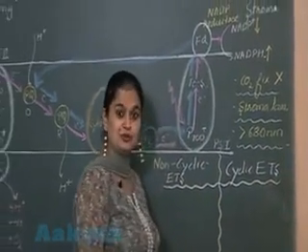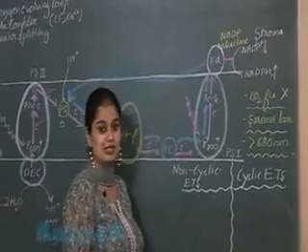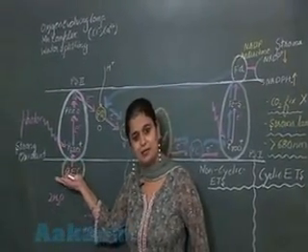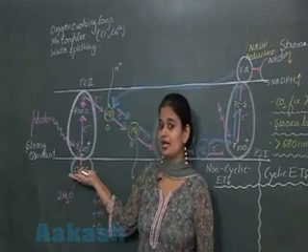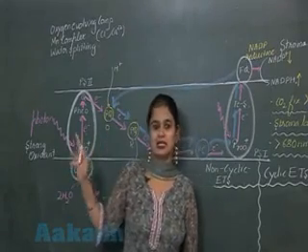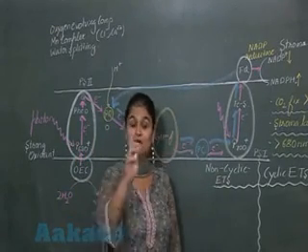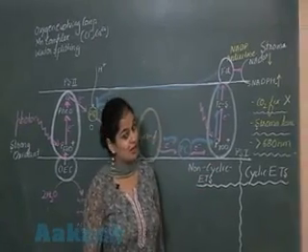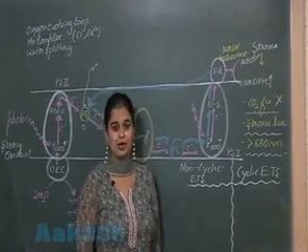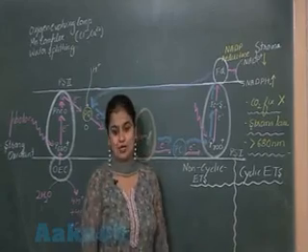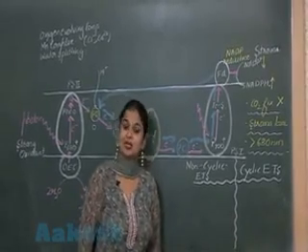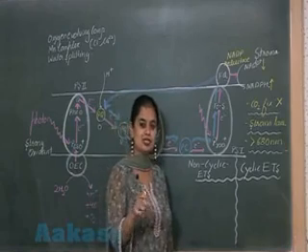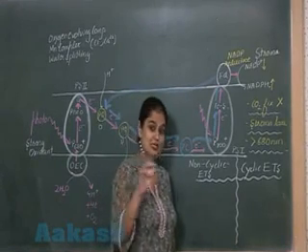If the wavelength of light is more than 680 nanometer, then this photosystem will not be activated at all, because this photosystem is activated at 680 nanometer. So only which photosystem is activated? This one. So if only this photosystem is activated, only one photosystem, then surely which ETS will occur, that is cyclic ETS. So these three conditions where the cyclic ETS will occur are very much clear to all of you.